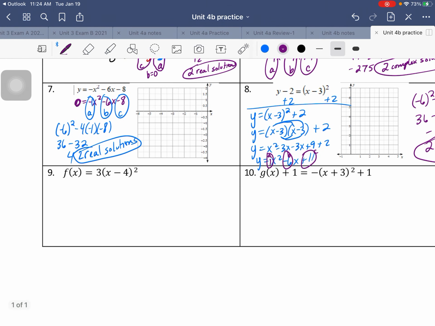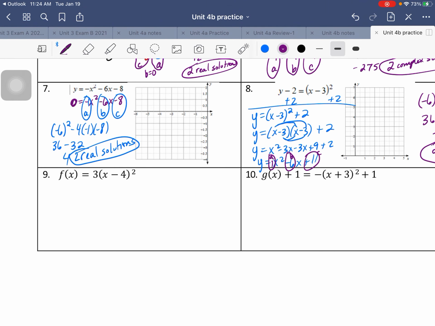All right, number 9, if you're working on that one, we have f of x equals 3 times x minus 4 squared. Order of operations, we need to do that first before we multiply by 3. So now I have it written out as multiplication. You can actually multiply in any order you want. I still multiply the binomials first.